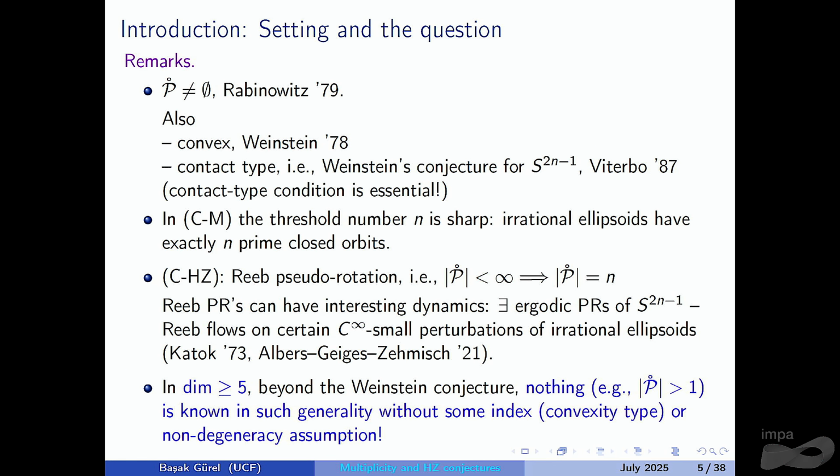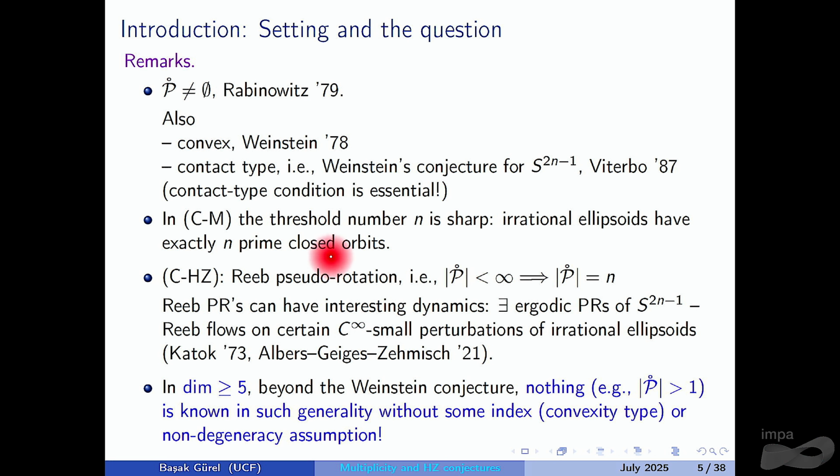Of course, there is at least one orbit; that goes back to Rabinowitz, and before that, there was Weinstein for convex hypersurfaces. And much more generally, we know that the Weinstein conjecture holds for the standard contact sphere, so we know that there is at least one.